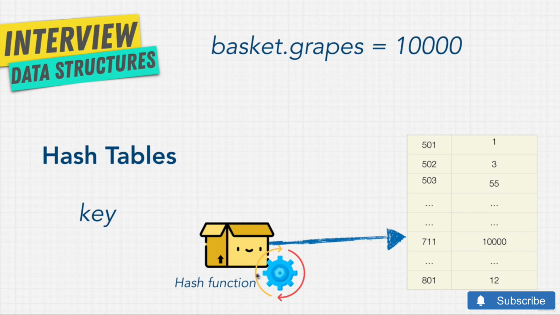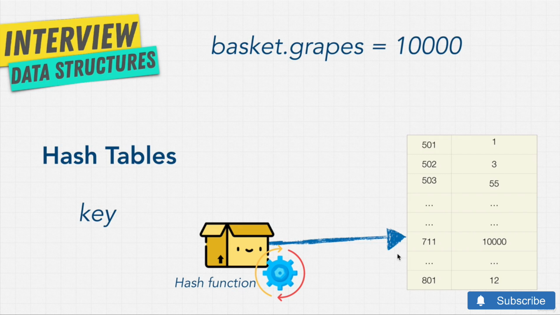But you might be wondering, this black box hash function, doesn't it slow things down? Because every time we want to add a property and a value, grapes and 10,000, to a hash table, we have to run it through the hash function so we can decide where to put it in memory. And if you've noticed that, good job.